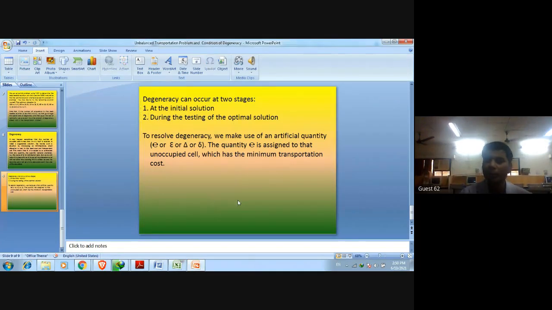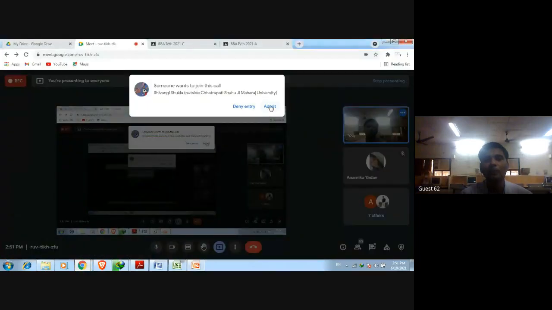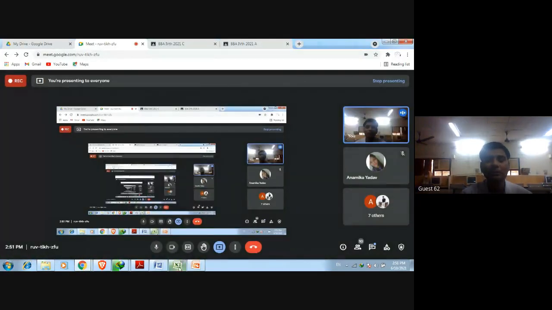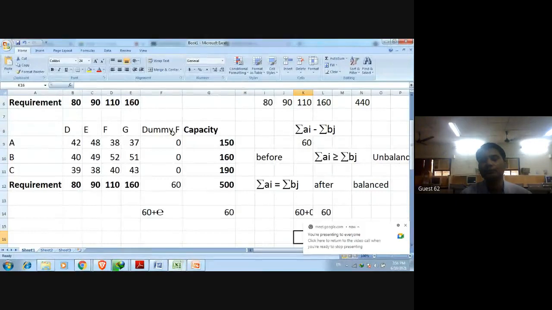Now, to resolve the degeneracy case, we make use of an artificial quantity, that is either E or epsilon or delta. This symbol is assigned to that unoccupied cell which has the minimum transportation cost. One thing more, we will not consider the transportation cost zero.